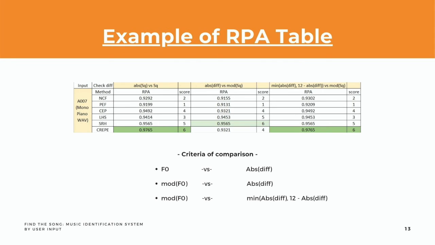Fundamental frequency vs absolute of difference. 2. Mod of fundamental frequency vs absolute of difference. And the last one, mod of fundamental frequency vs the minimum between absolute of difference and 12 minus absolute of difference.